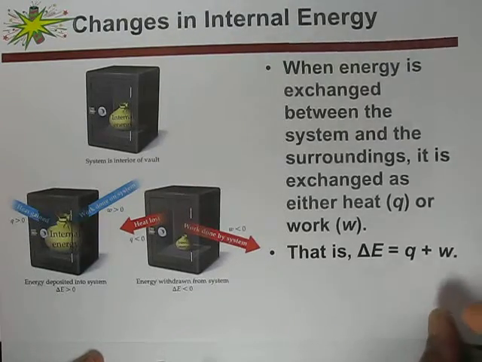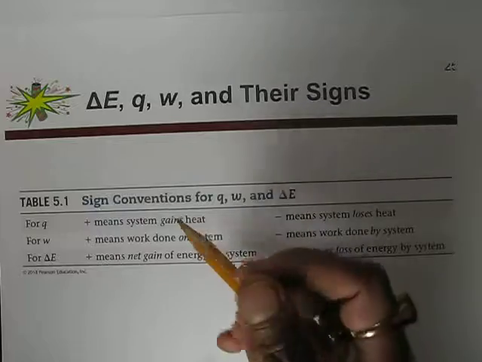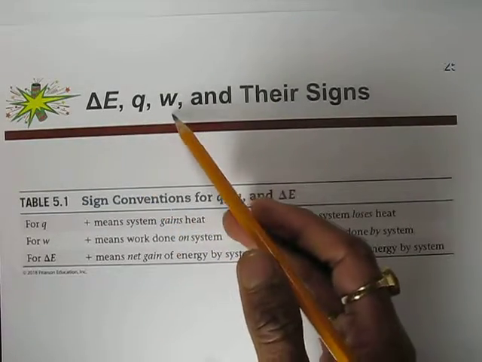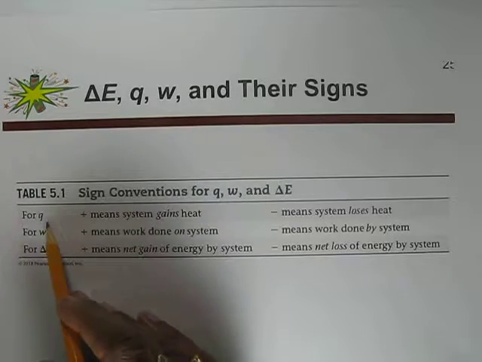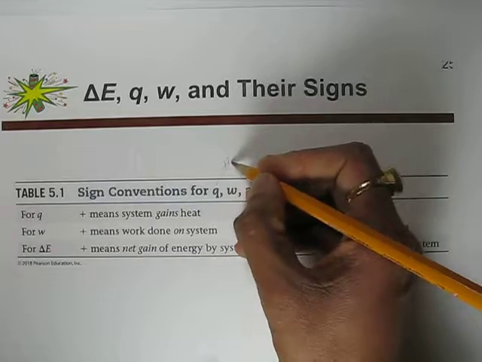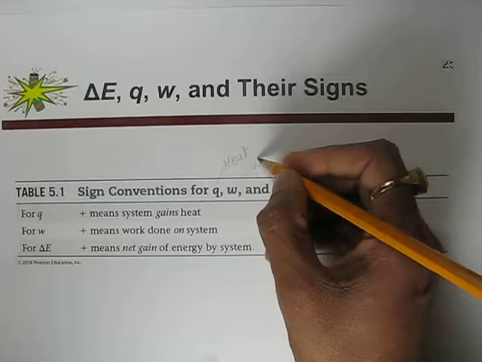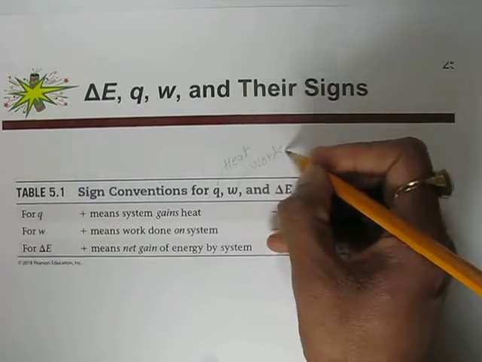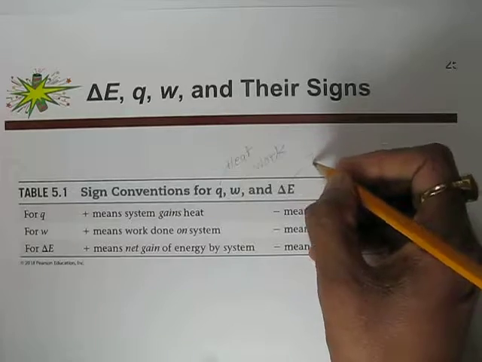So we can summarize these in the form of a table: delta E, work, heat, and their signs. Q is the heat, W is the work, and delta E is the total internal energy.